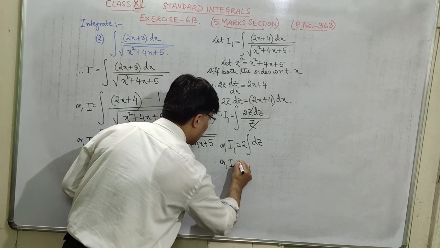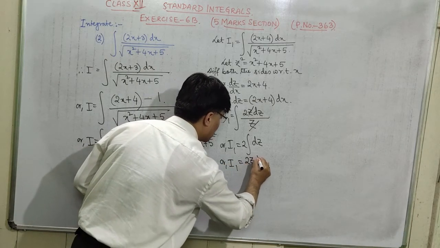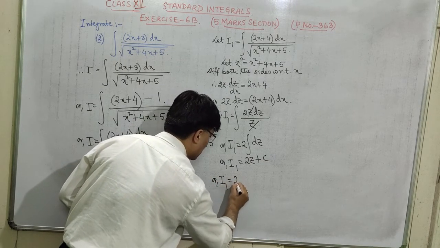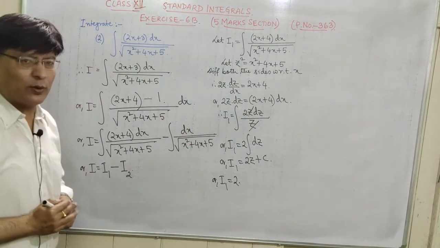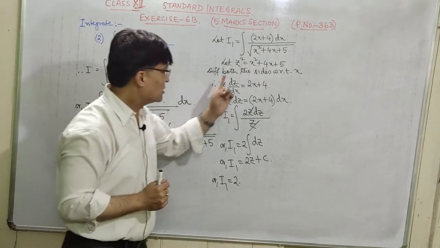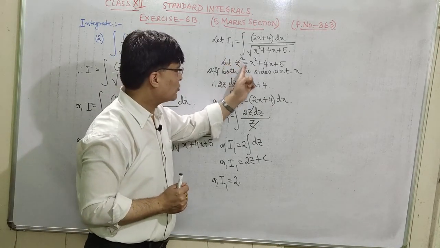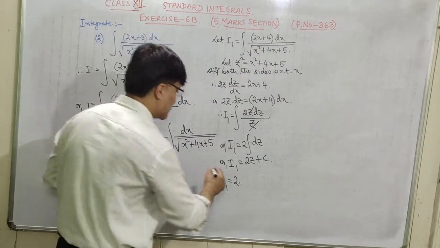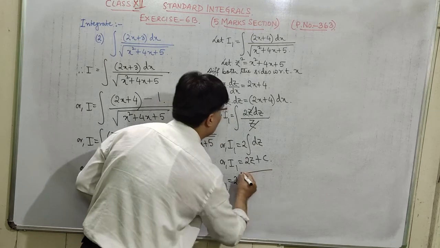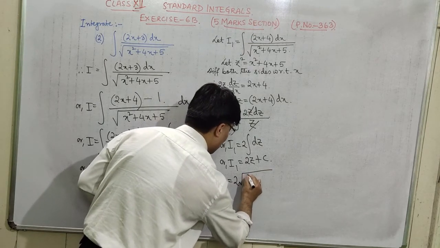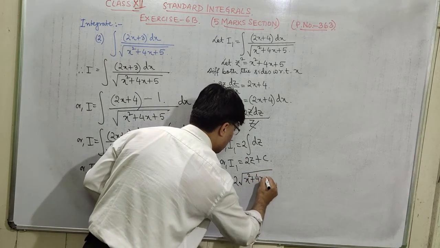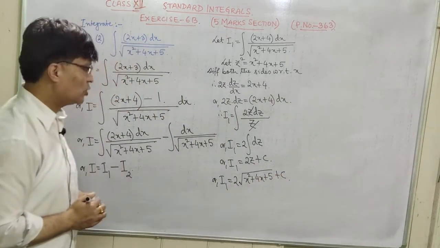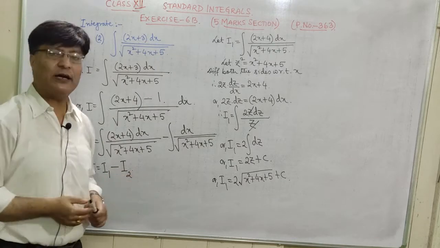So therefore I1 is equal to 2z plus c, or I1 is equal to 2 into, what is z? What is the value for z actually? Since we have assumed z square is equal to x square plus 4x plus 5, what is the value for z here in this case? It is root over x square plus 4x plus 5. Then what do we write? Plus c. So we have got the value for I1.